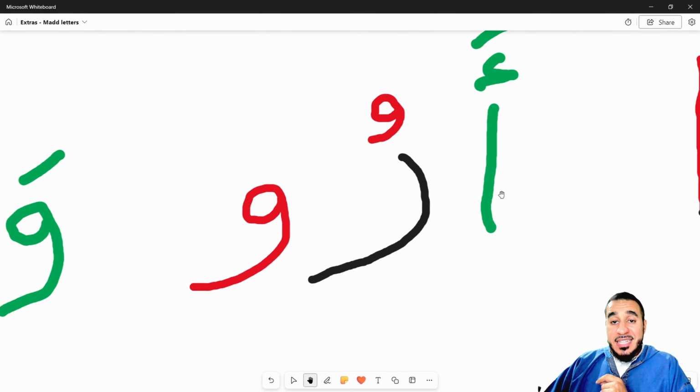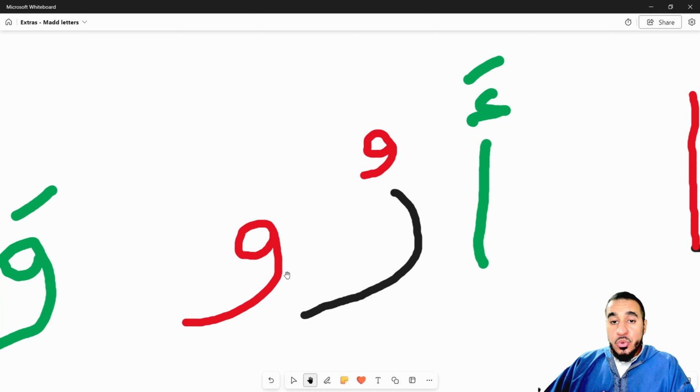When we want to extend the dhamma sound, the u sound on any letter, then we use the waw with a sukoon immediately after that letter. So here will be ruu, okay?